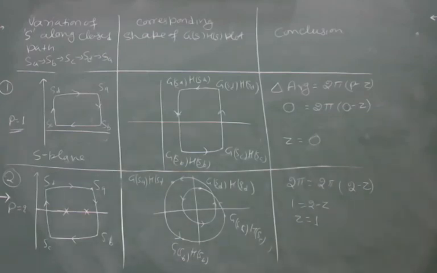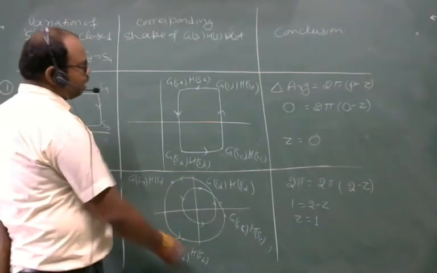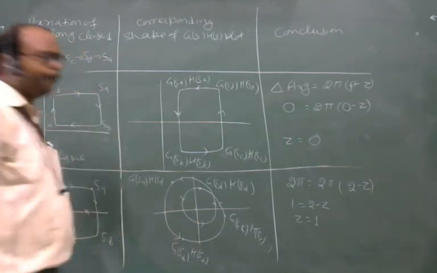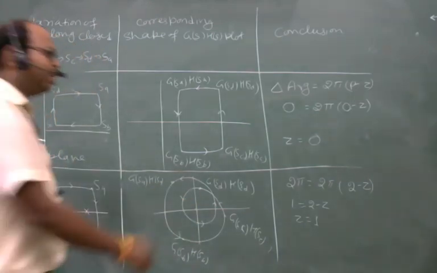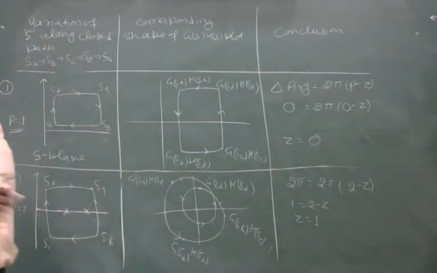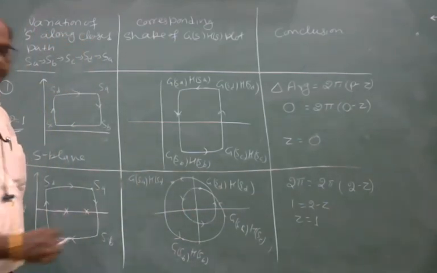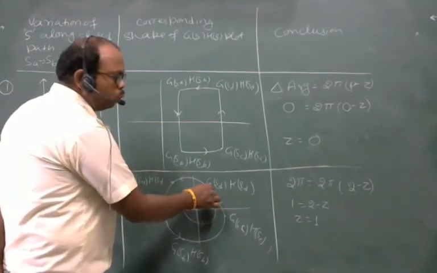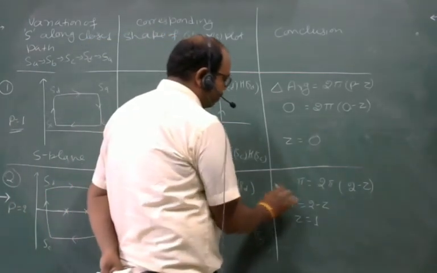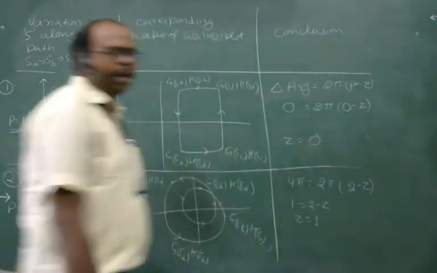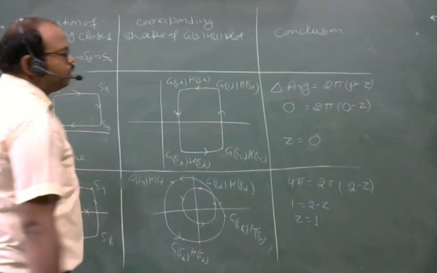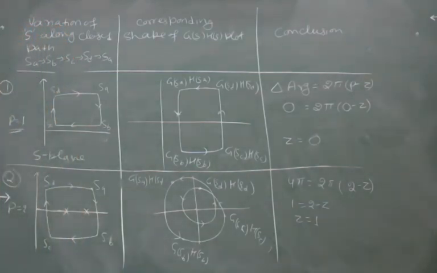Now, what is the change in argument, or what is the number of encirclements around the origin? There are 2 encirclements around the origin, and the change in argument will be 2 pi into 2, that is 4 pi, and the sign will be positive, since it is in the anti-clockwise direction.